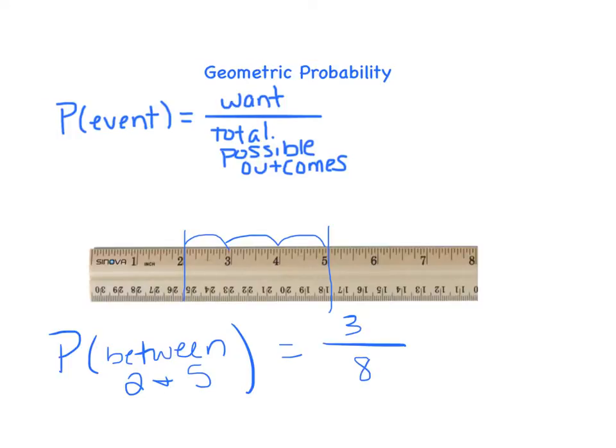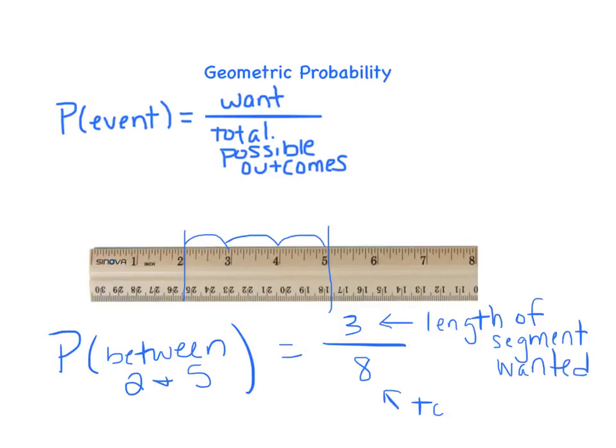So there's 3/8 of a chance that it would land in the length of the segment that I was looking at. So this is the length of the segment that I want over the total length.